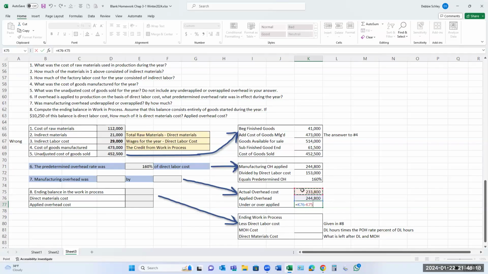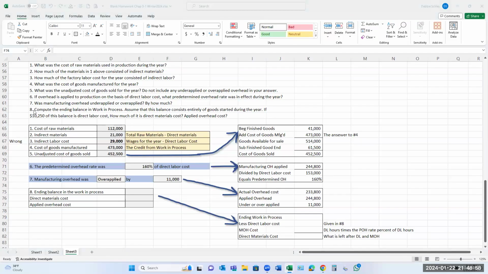And this is how much it actually was. So I over applied it by $11,000. So again, this is what I thought was going to happen, and this is what actually happened. This is what I put on the books at the beginning of the year, or the beginning of the job, or however you want to look at it. But this is what's actually happened. And so I over applied it by $11,000. Okay.